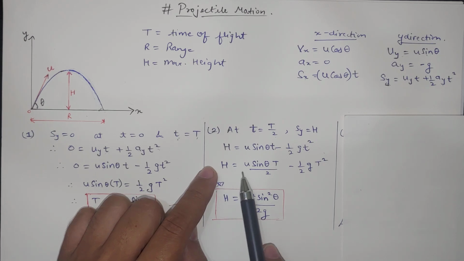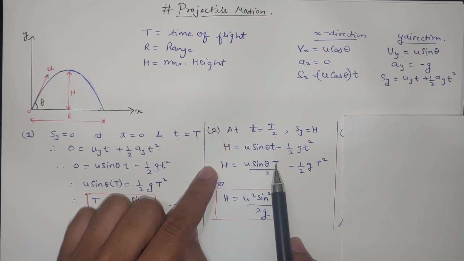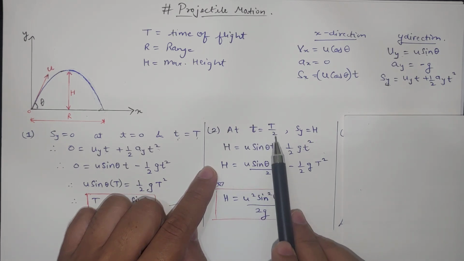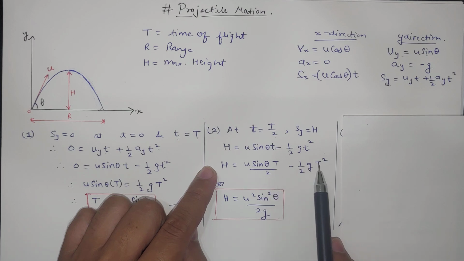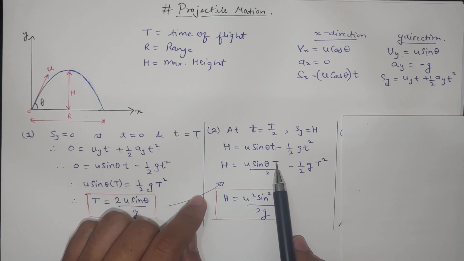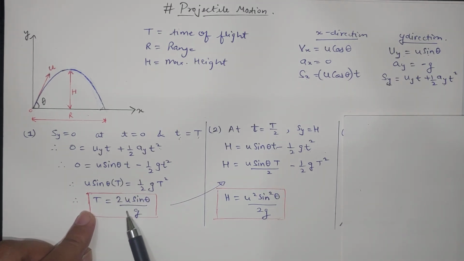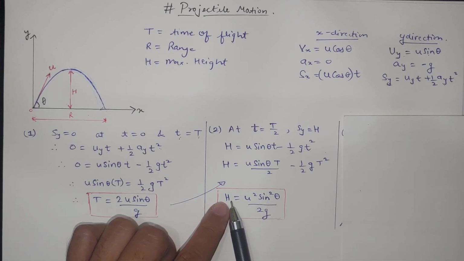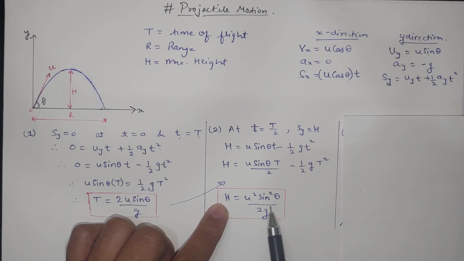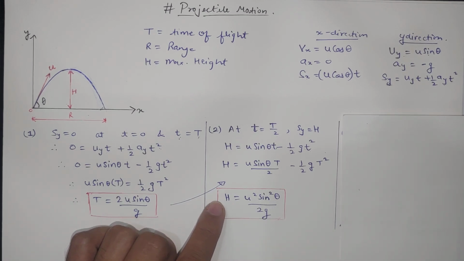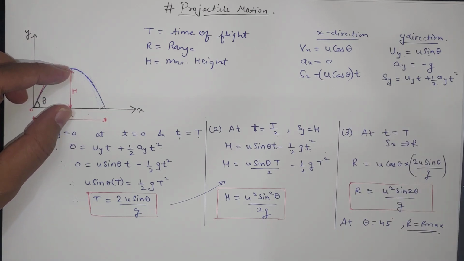If we substitute the time of flight which we found, we get h equal to u square sin square theta upon 2g. This is the maximum height in any projectile.